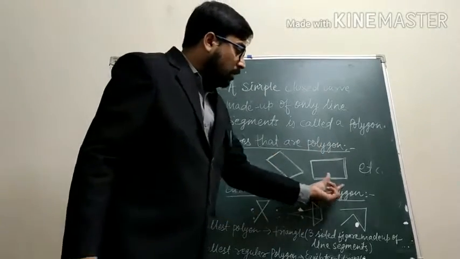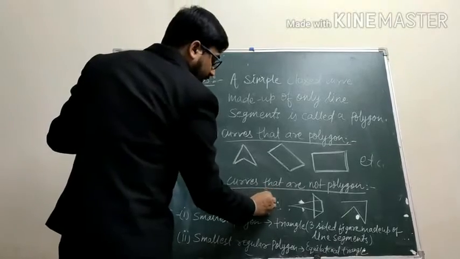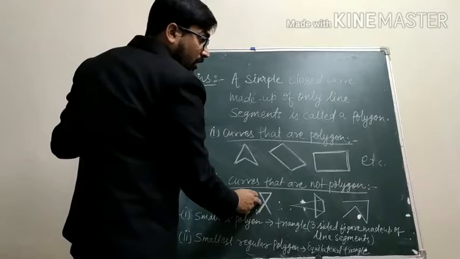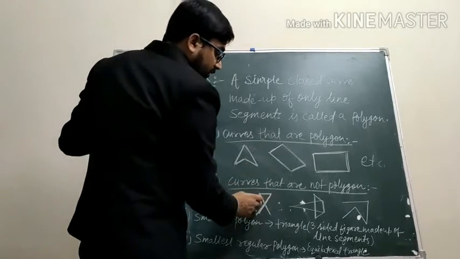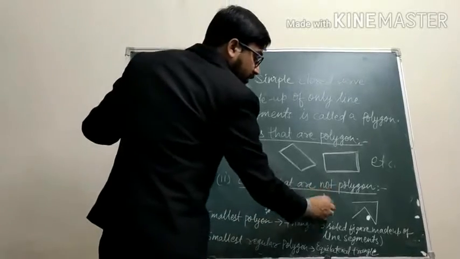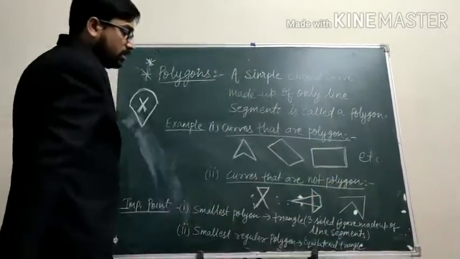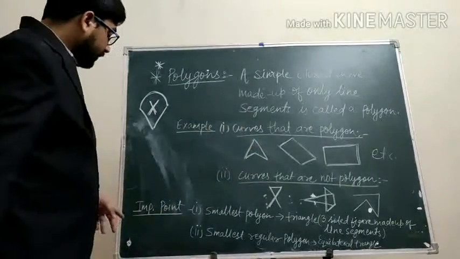Curves that are not polygons: those curves that are not polygons are not simple. Already we discussed previously, they are not simple because they cross each other. So these are the examples of curves that are not polygons.